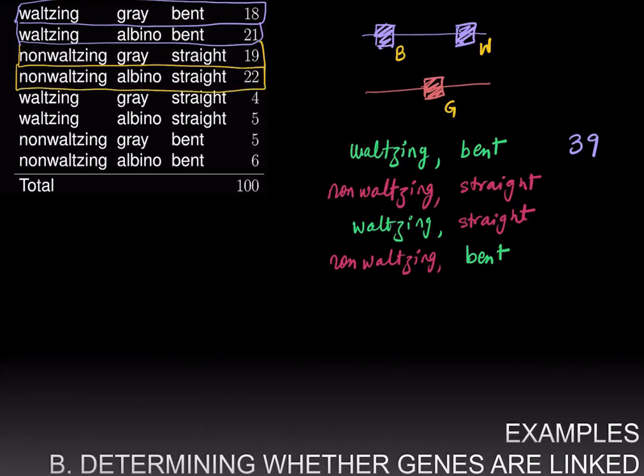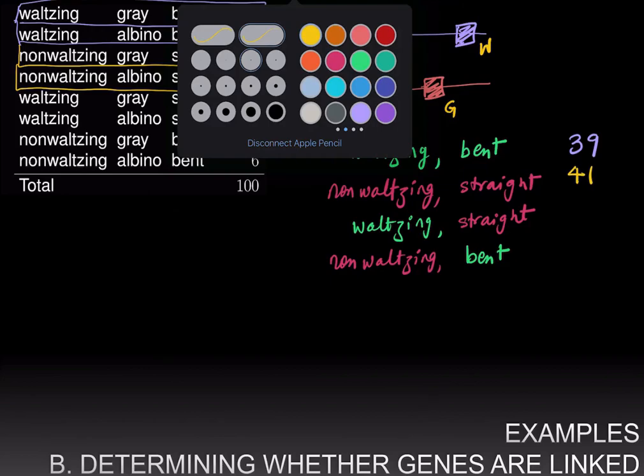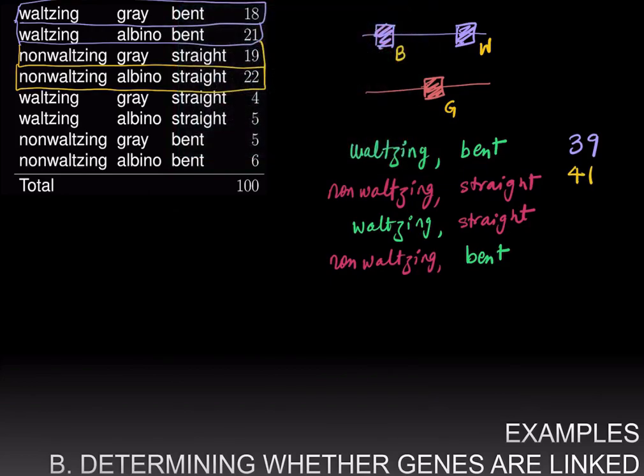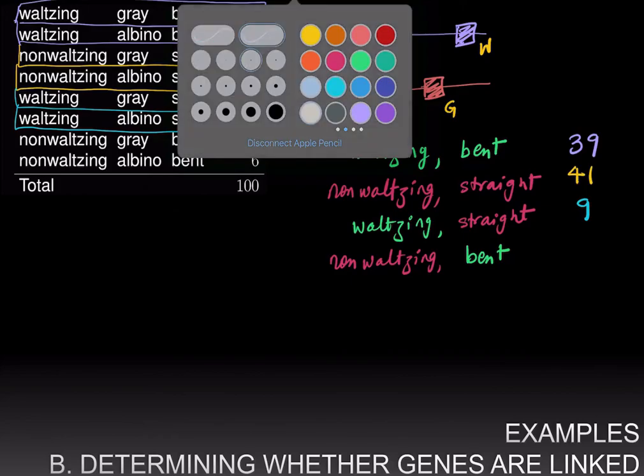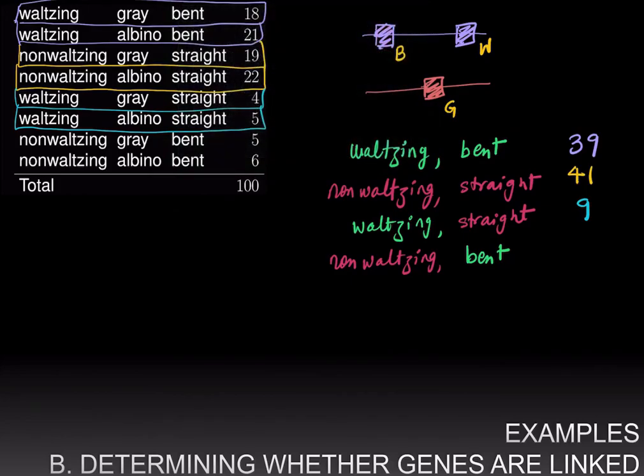That's 19 and 22, so that's 41. Then we can look at waltzing straight. That's 9 individuals. And finally, we can look at non-waltzing bent. And that's 11 individuals.